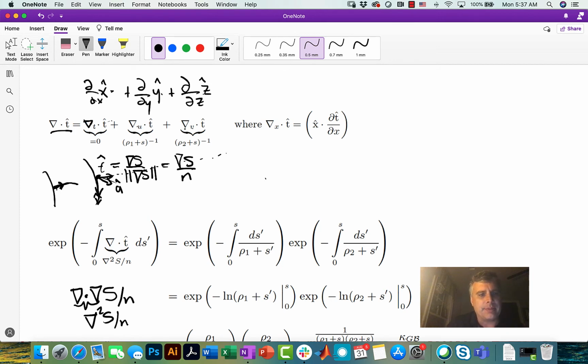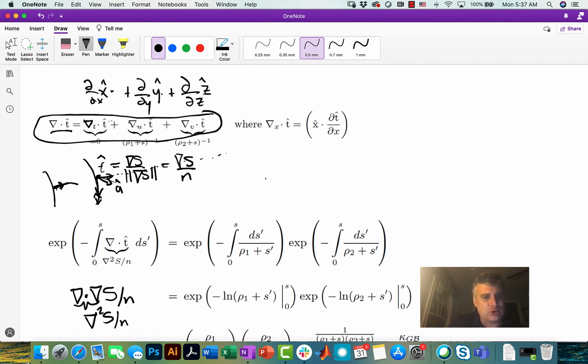So let's go back up at the top here and look at this equation again to see how we can evaluate this. First of all, the gradient of t, our unit vector, in the t direction is 0. It doesn't change its length for slight displacements, for slight advances of s.